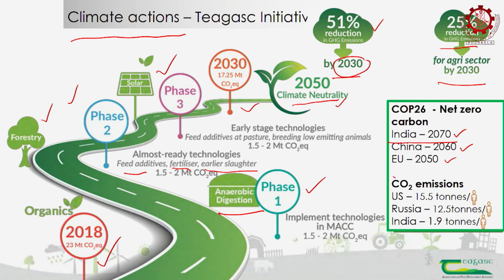So CO2 emission, if you see by countries, US 15.5 tons per person, Russia 12.5 tons, India's carbon emission is very low, 1.9 tons per person, but the population is big. So what does it show? That we are much better circular compared to the rest of the world. How is it so?